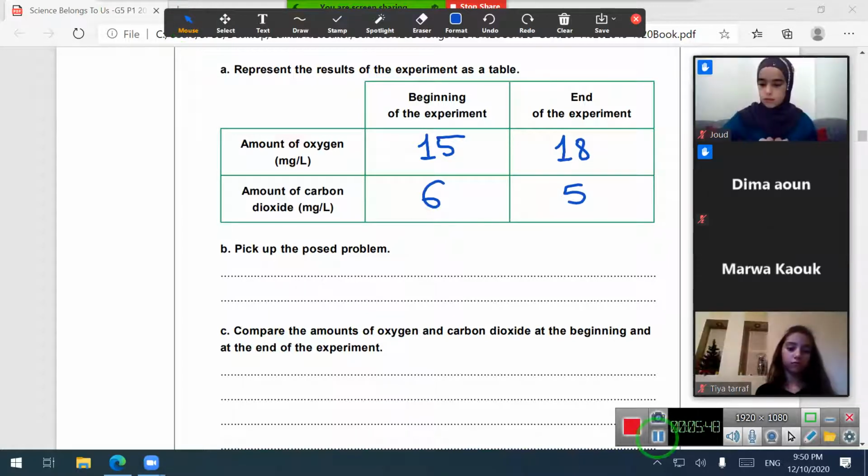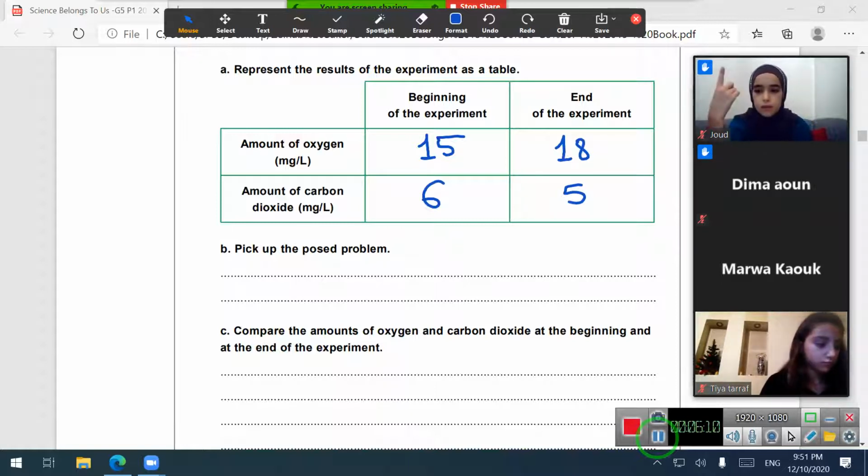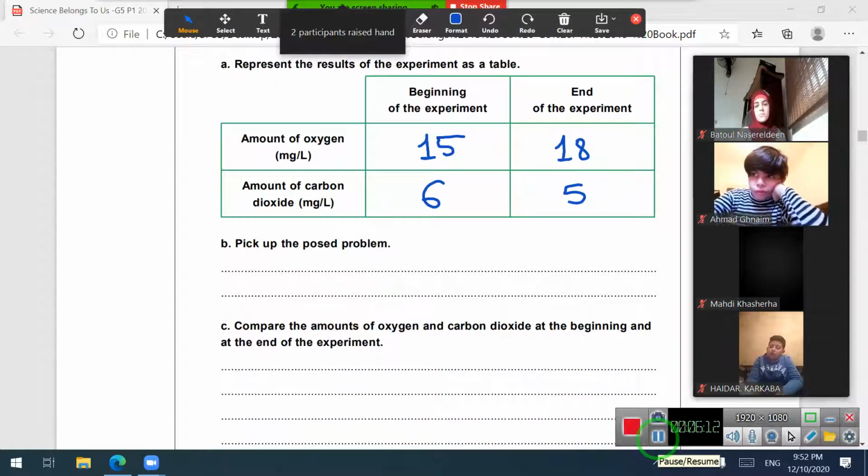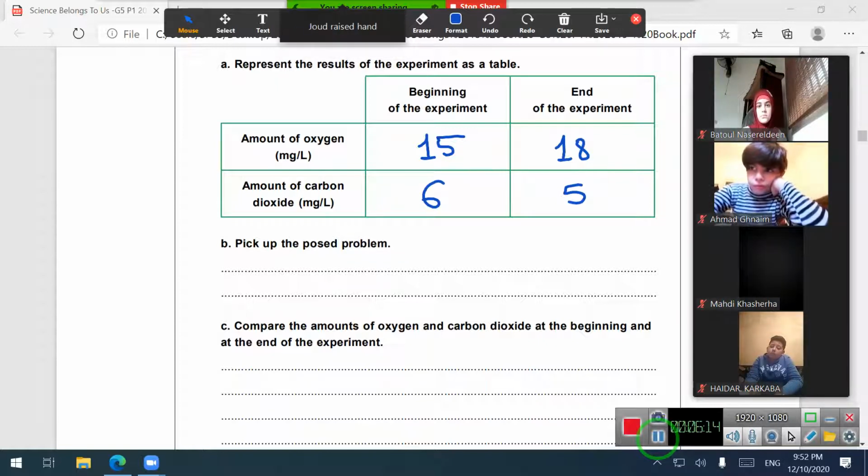Now, in part B, we have to pick up the posed problem. The posed problem means what was the experiment about, or why did they make the experiment? Why did the experimenter do the experiment? They do this experiment to see what the green plants absorb and release.